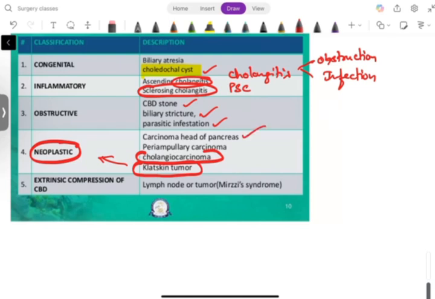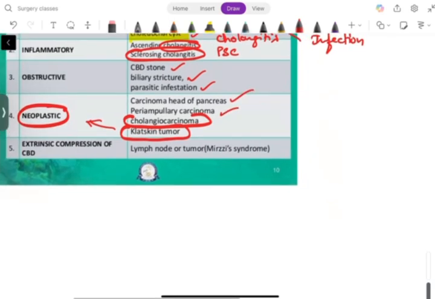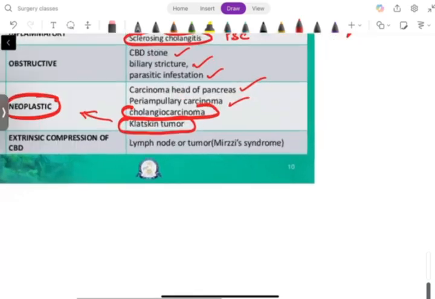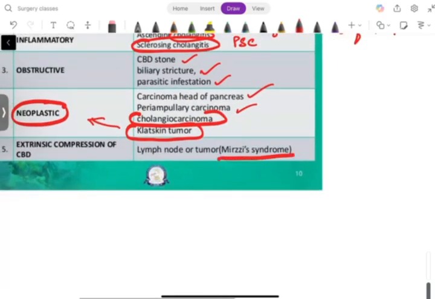Carcinoma of the head of the pancreas or periampullary carcinoma can also be a neoplastic cause for obstructive jaundice.